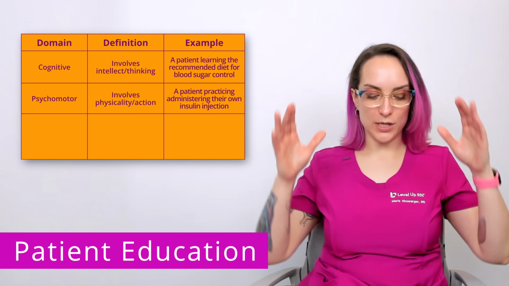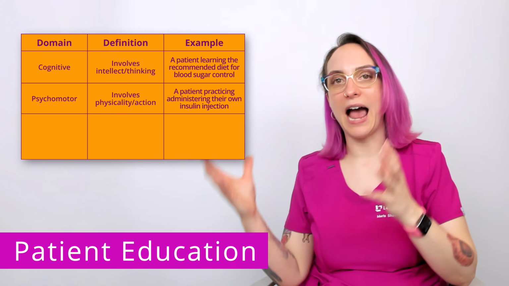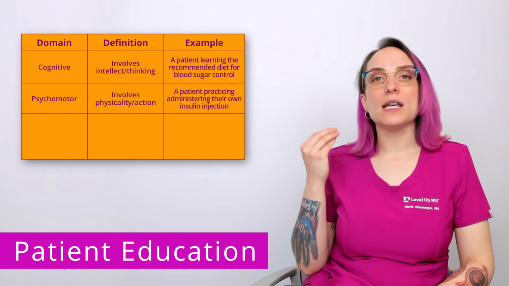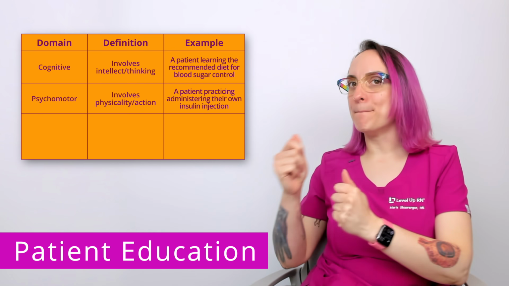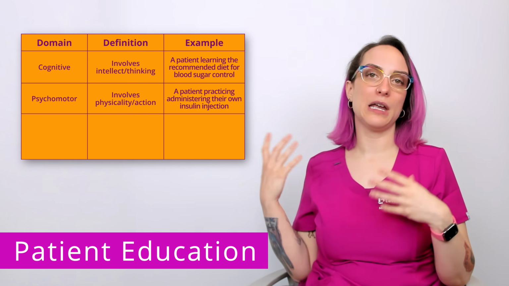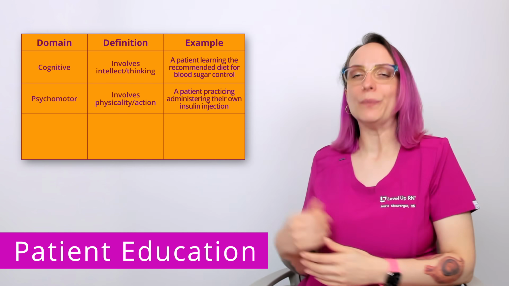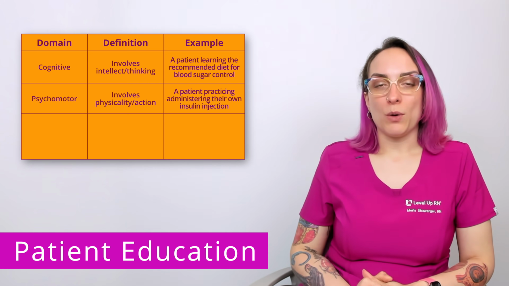Now, moving on to the next one, we're going to talk about psychomotor. Psychomotor is going to involve some kind of an action, some sort of physicality or some sort of movement. This is where we are going to bring in that motor component, where not only am I having to think about it, but I'm involving my motor skills too. That's going to strengthen that pathway for sure.